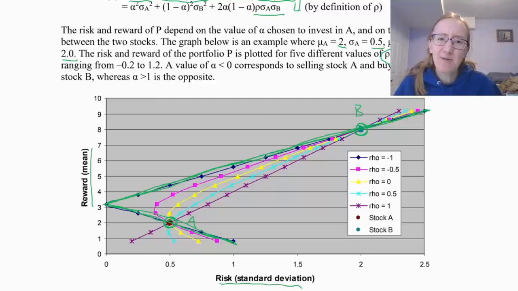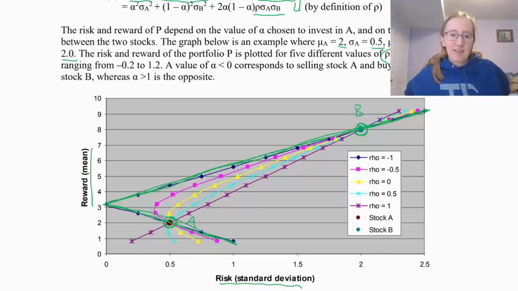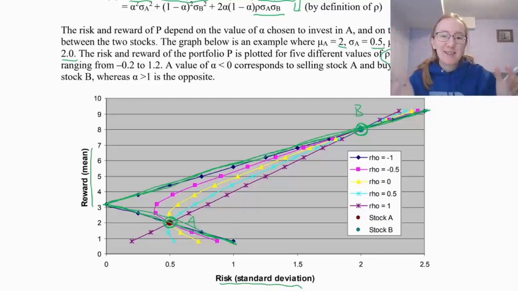In reality, you would pretty much never be able to find stocks that are perfectly negatively correlated with each other. In some sense, most stocks are related in some way to the overall market. But if you could find two perfectly negatively correlated stocks, then this piecewise linear function would be the overall result of your portfolio.